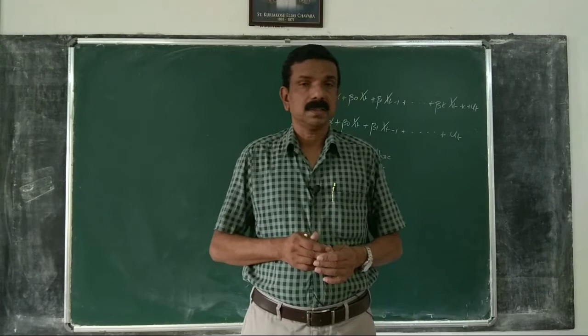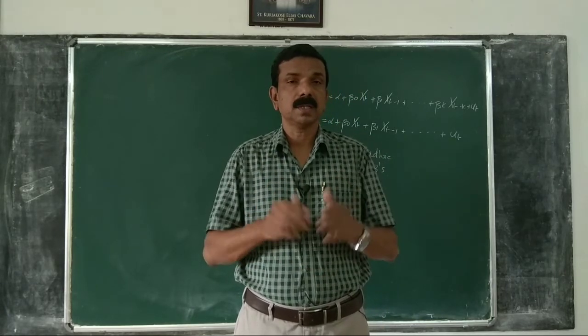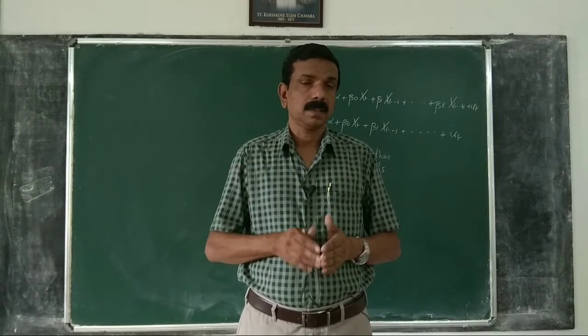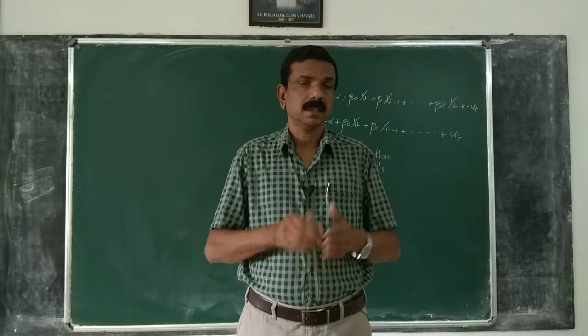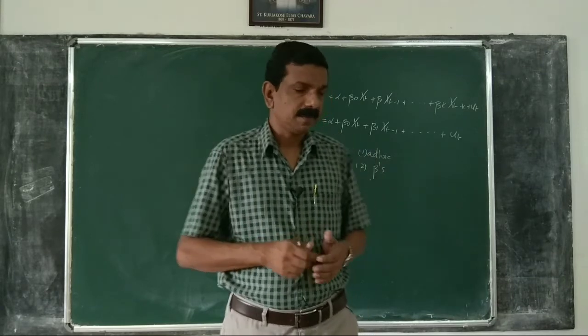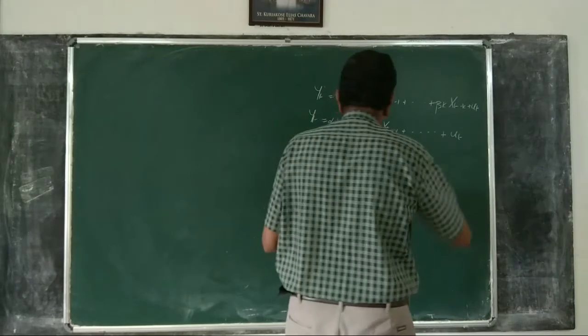We first consider the Koyck approach to distributed lag models. The Koyck approach is very famous in econometrics as a method of estimating the coefficients of distributed lag models. So we first explain the Koyck approach.